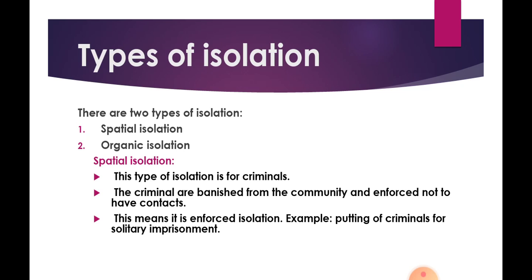The criminals are banished from the community and enforced not to have contact; they are forced out of the community and no one contacts them. It is enforced isolation, forced isolation. Example: putting criminals in solitary imprisonment.